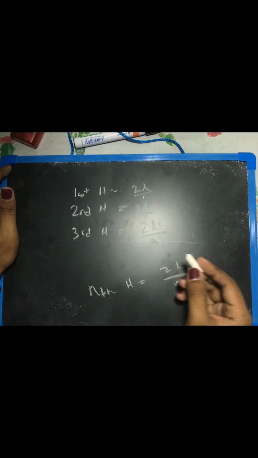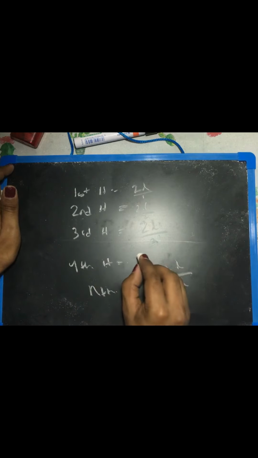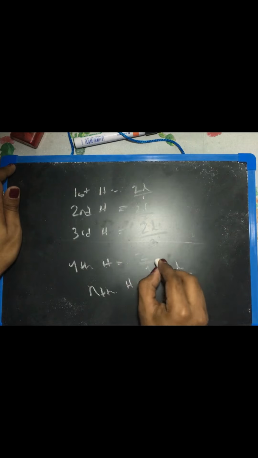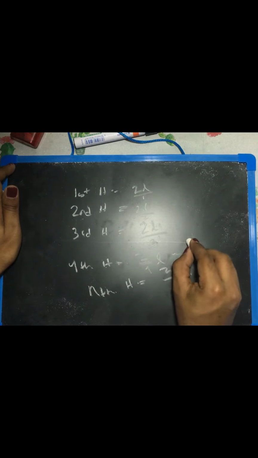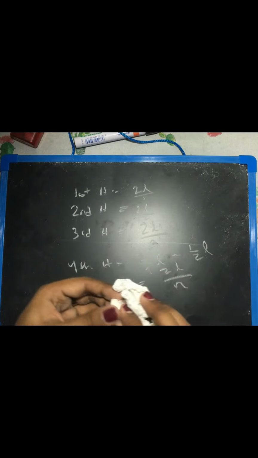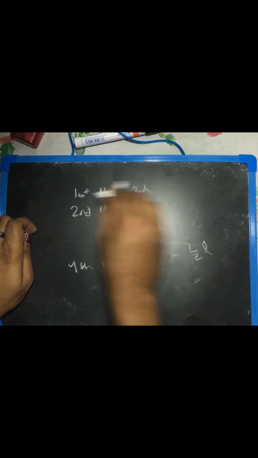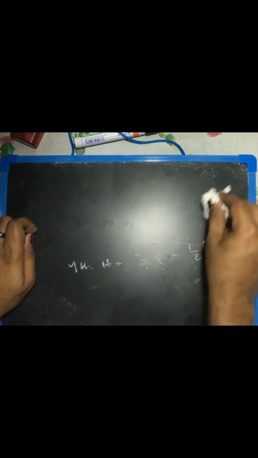So if you go for the fourth harmonic, what would it be? 2 by 4 into L, which is half L. Is half L correct? Let's see. If it's correct, then we can safely say our formula is correct.